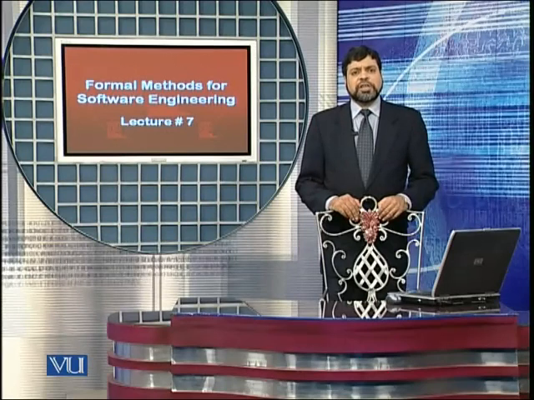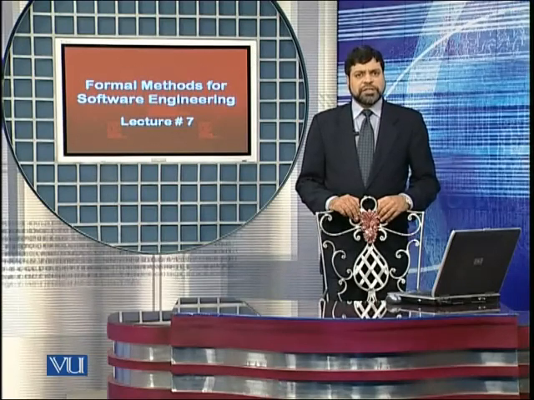The three components are the precondition, which is denoted by P, the set of statements denoted by S, and the postcondition Q. So we said that if we started with precondition P, and if we executed the statements S, and if we ended up in the postcondition Q, then the program was correct.